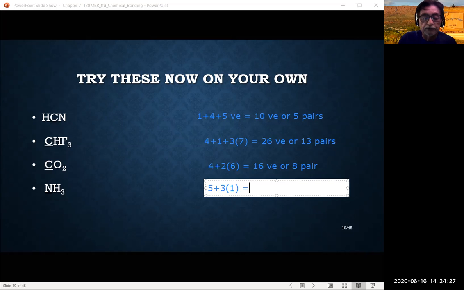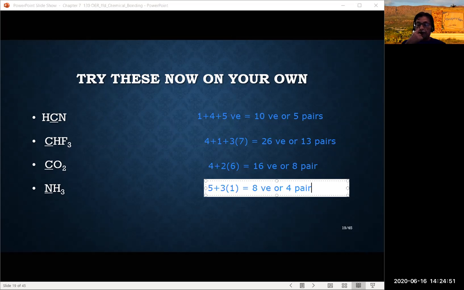That is a total of 8 valence electrons, or 4 pair to work with. The numbers we just calculated are the numbers we have to work with. We cannot remove valence electrons, or arbitrarily add them.